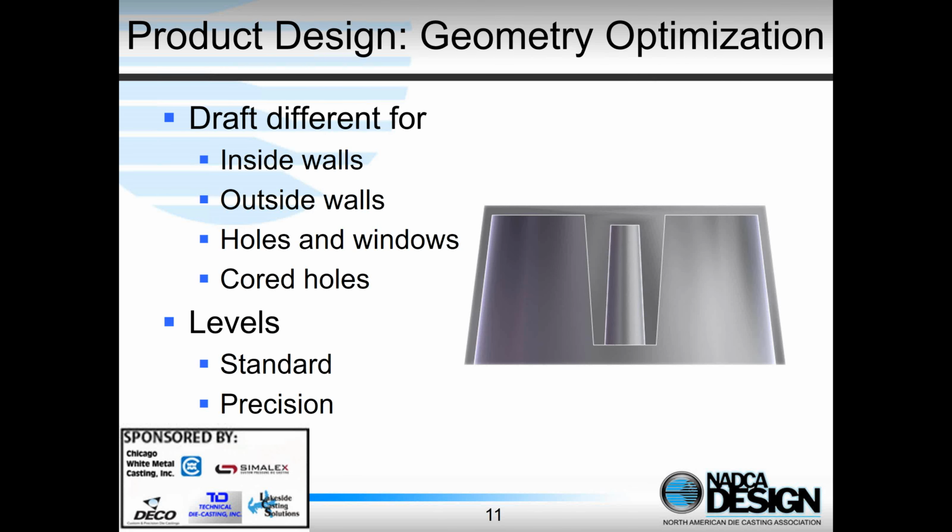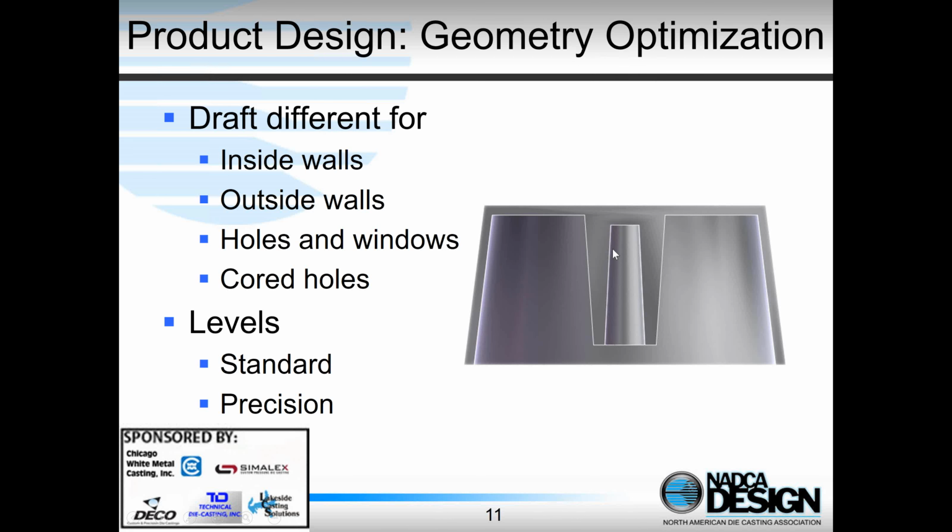A couple of rules when we look at draft. Draft is going to be different for an inside wall versus an outside wall. The reason here, if we look at this cylindrical part shown here, is that as the casting solidifies and shrinks and cools, the outside surface of what I'm showing here is going to shrink inwards, and so it's going to pull away from that outside die wall.